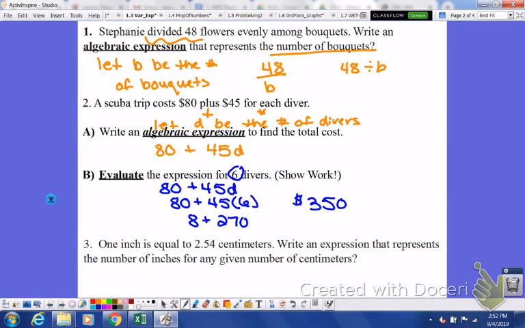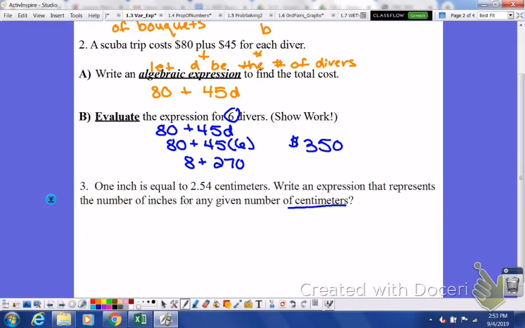And last one to do together. 1 inch is equal to 2.54 centimeters. Write an expression that represents the number of inches for any given number of centimeters. So I'm trying to find the number of inches. What I don't know is the number of centimeters. So we're going to say, got my T in there too fast.